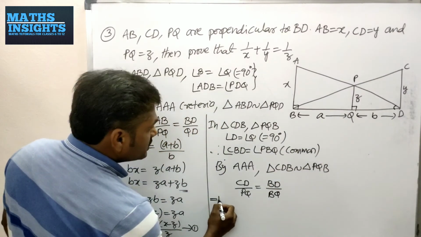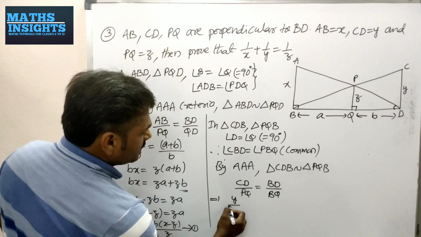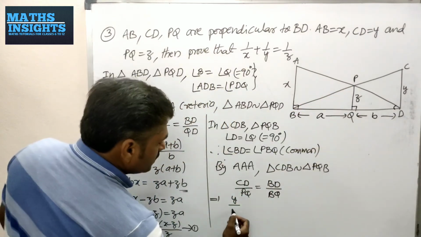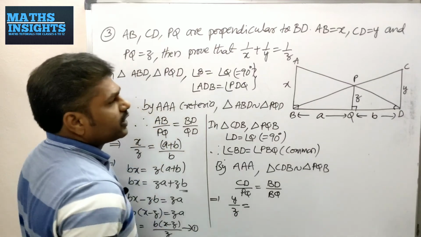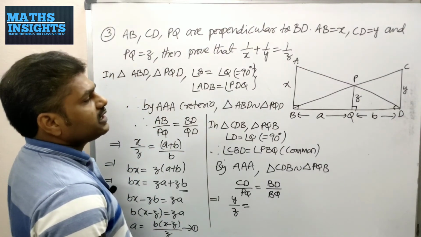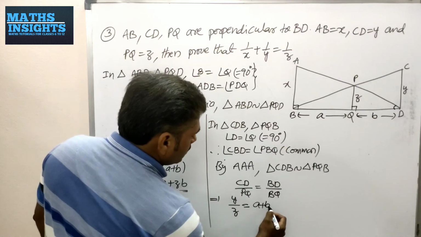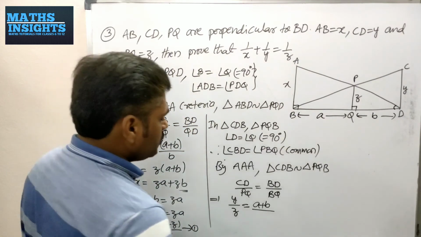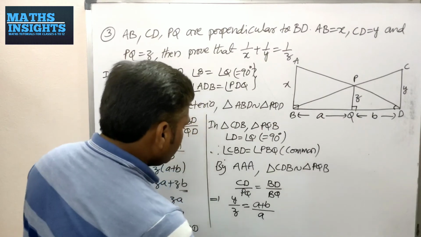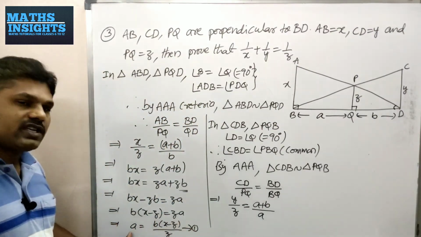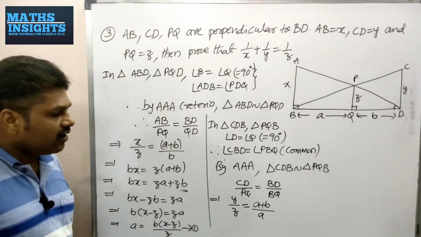That implies CD by PQ, where CD is Y and PQ is Z, is equal to BD by BQ. BD is A plus B, and BQ is A. I will find the value of A, then substitute here, and we will get the answer.